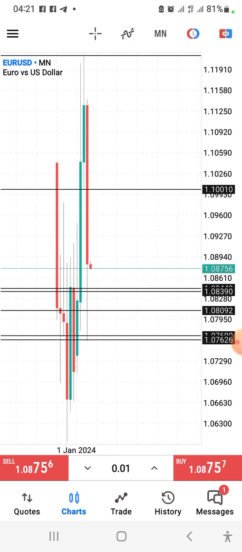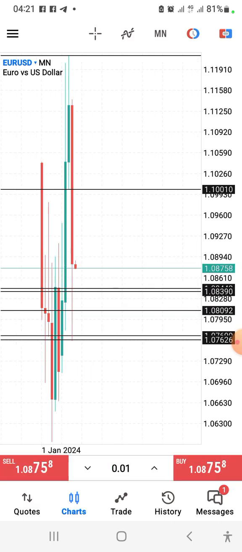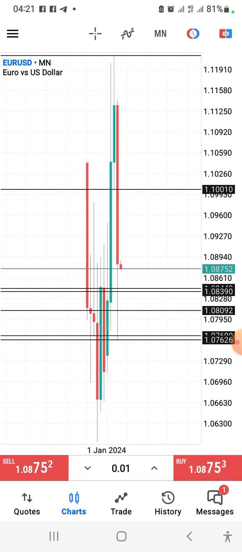Now take note of this. When you look at the moving average and you compare the chart, just hold on, this MT5 is that slow. So when you compare the two, I discover that we're waiting for the moving average to really come up.